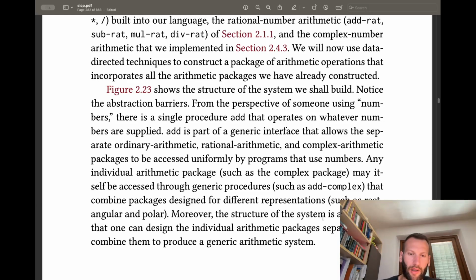Any individual arithmetic package, such as the complex package, may itself be accessed through generic procedures that combine packages designed for different representations, such as rectangular and polar. Moreover, the structure of the system is additive, so that one can design the individual arithmetic packages separately and combine them to produce a generic arithmetic system.